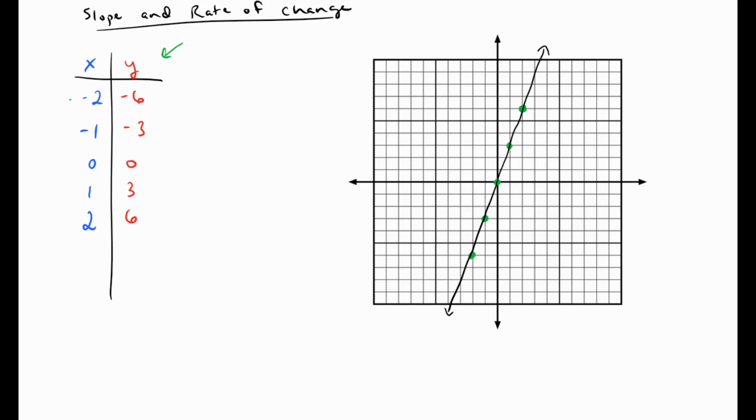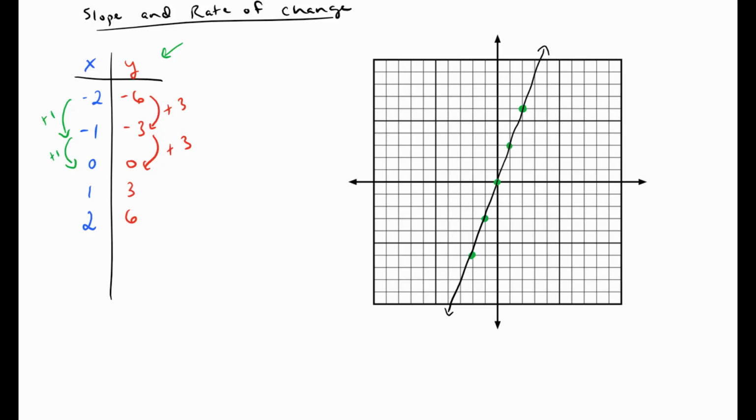So first off, I notice that all of my points, the x values are increasing by 1 each time. And then if I try to find a pattern for the y's, I'm going to notice that they increase by 3 every time. Well, this is actually called the slope or rate of change.